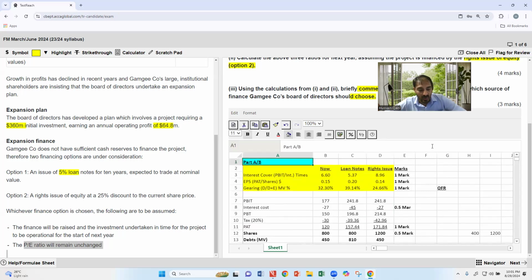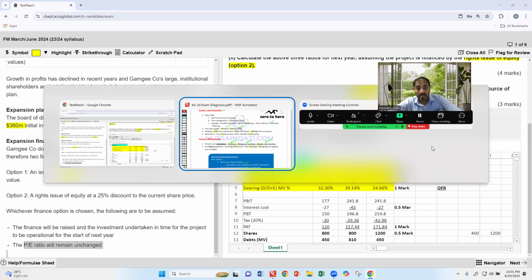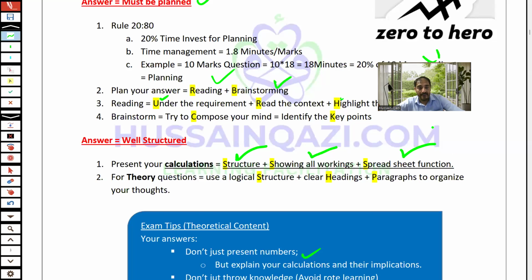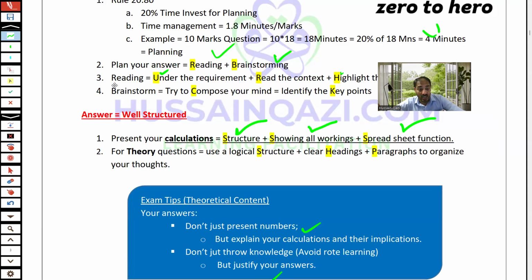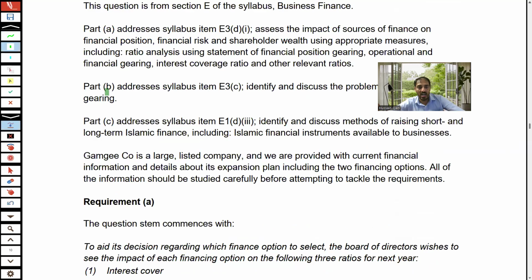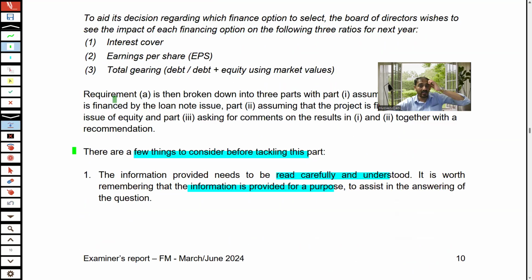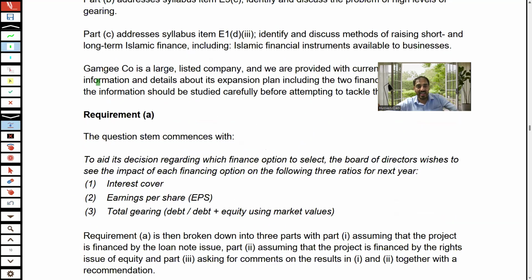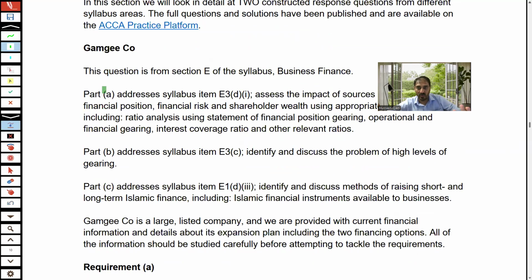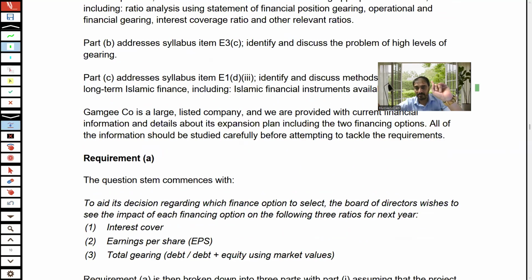Now, with this particular question, we need to diagnose the examiner report. Sir, why are we diagnosing the examiner report? One purpose.